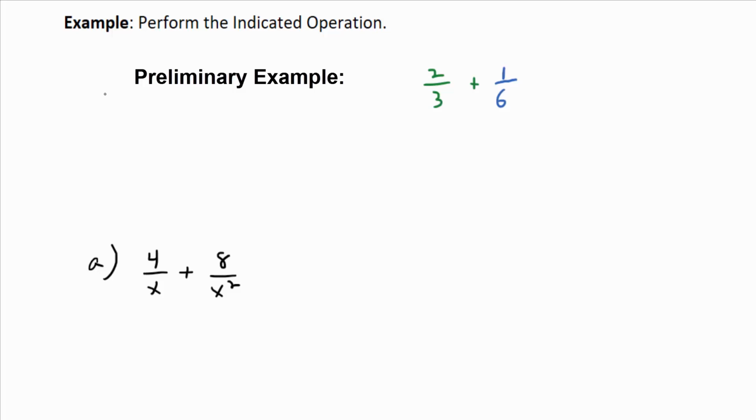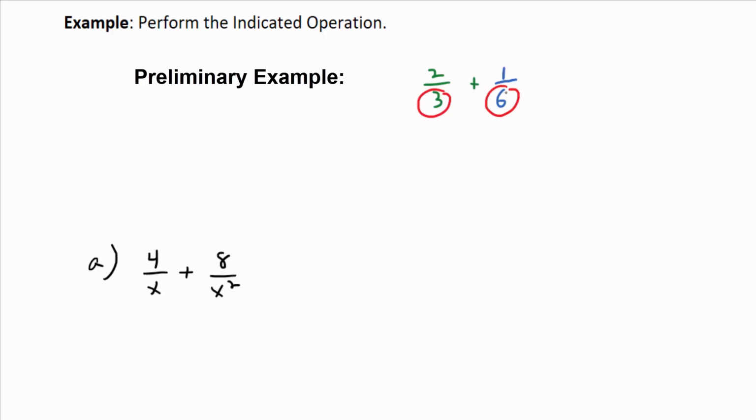When it comes to numbers, it's the least common multiple of the denominators, right? What's the smallest number that both of these divide into evenly? Or put another way, what's the smallest number that contains both a factor of 3 and a factor of 6?